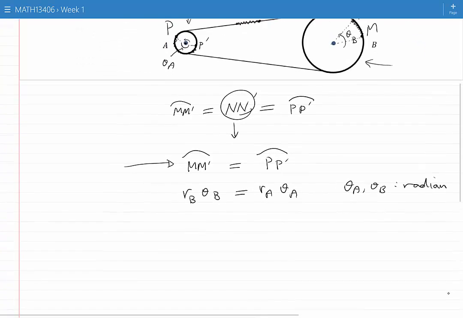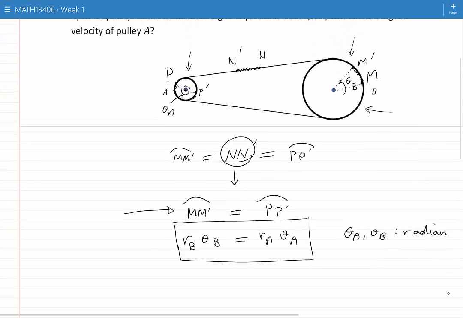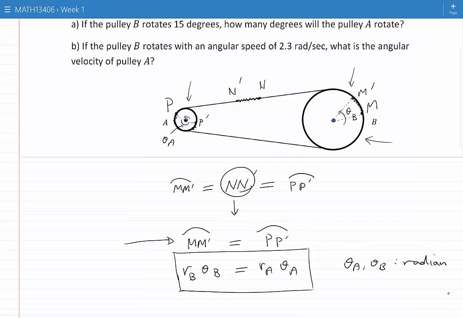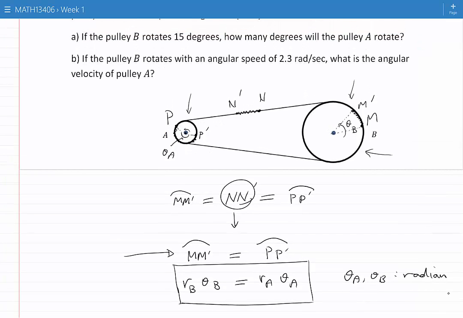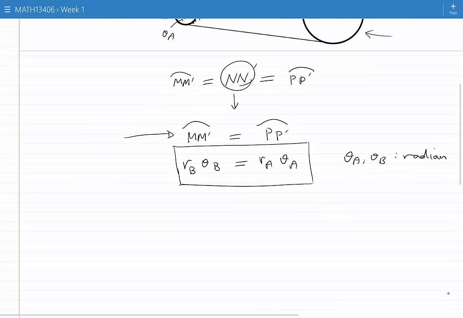This equation should be enough for us to be able to relate the angle of rotation of one of the pulleys to the angle of rotation of the other pulley. If we substitute the values we have, we can find the unknown we were looking for. However, to simplify our calculation, let's rewrite this equation in the following way. Theta A over theta B is equal to RB over RA.